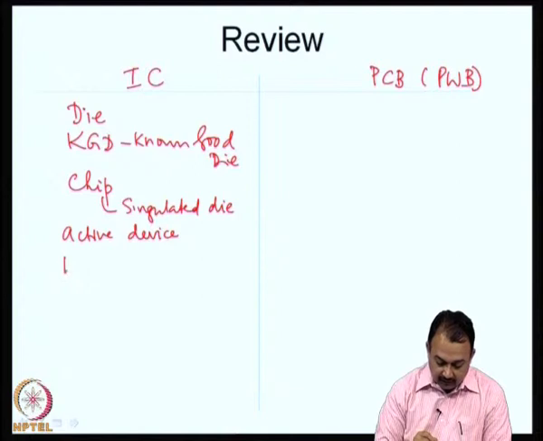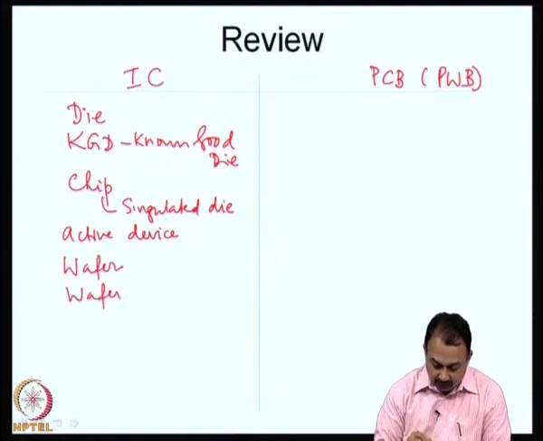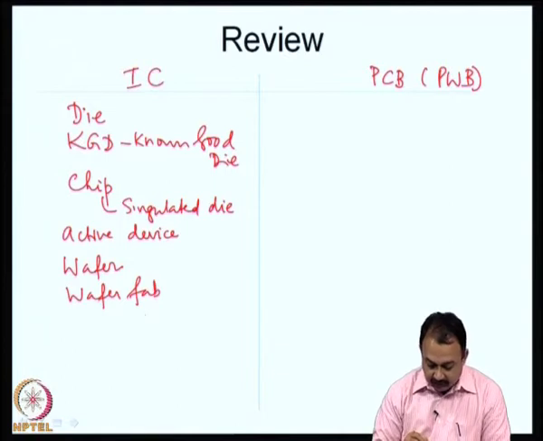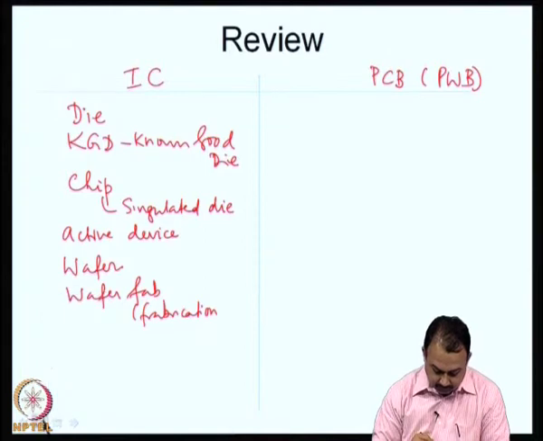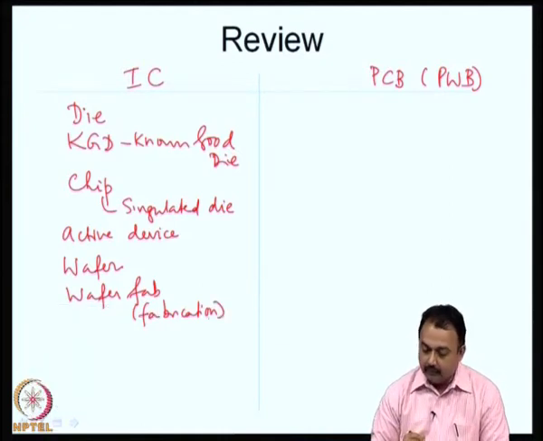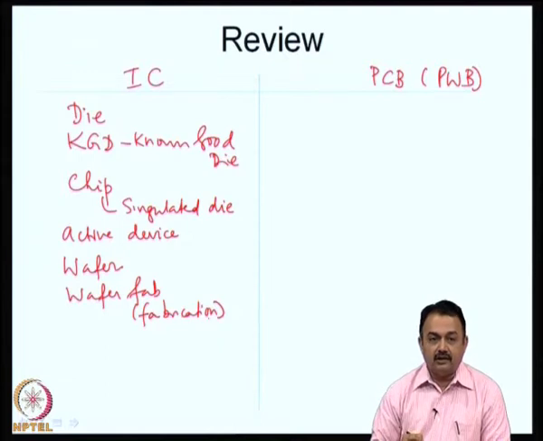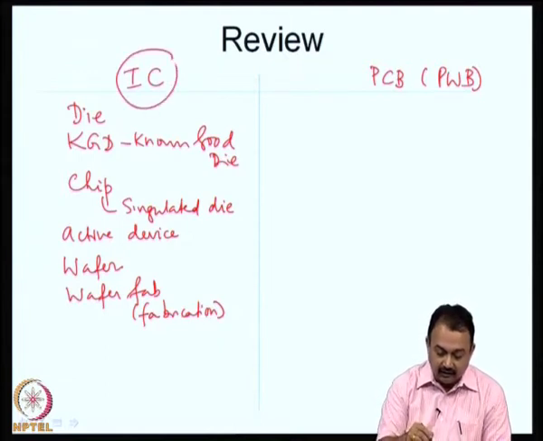And then some of the terms that we have seen is a wafer. Then we have seen the term called wafer fab. Fab stands for fabrication. Okay, so, these are some of the terms that we have seen under the head IC.